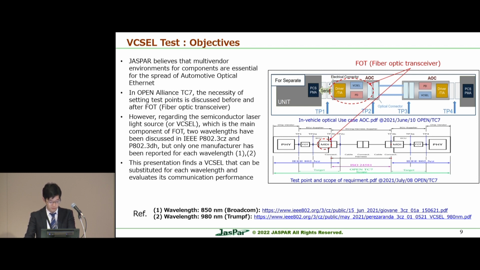VCSEL is one of the light sources. In 802.3cz and dh, VCSELs with different wavelengths, 850 nanometer and 980 nanometer, are being discussed. So we have started to evaluate the characteristics of commercially available VCSELs.